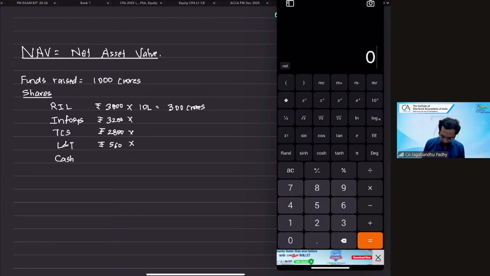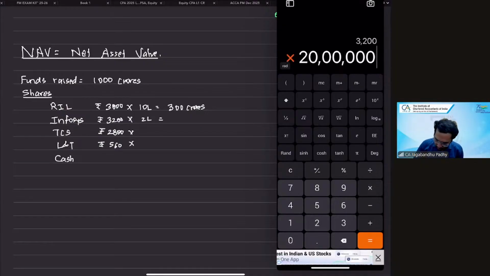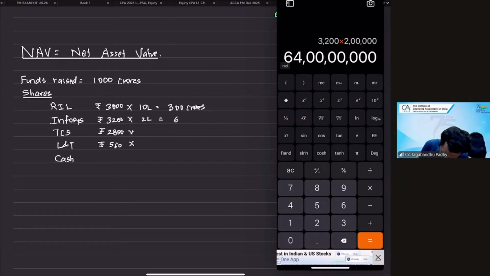Then let's say we have got 2 lakh shares of Infosys. So 3,200 into 2 lakh. That's 64 crores. TCS, let's say we've got 6 lakh shares.